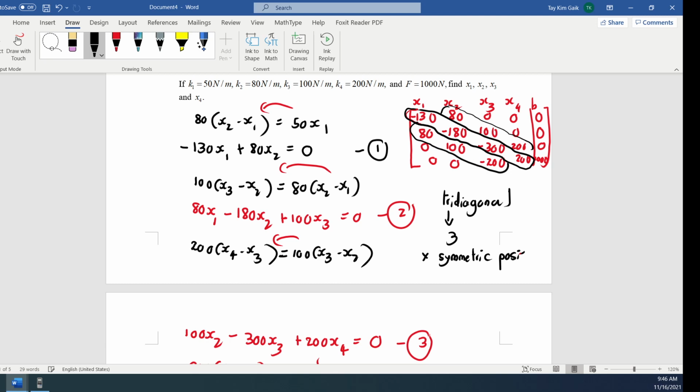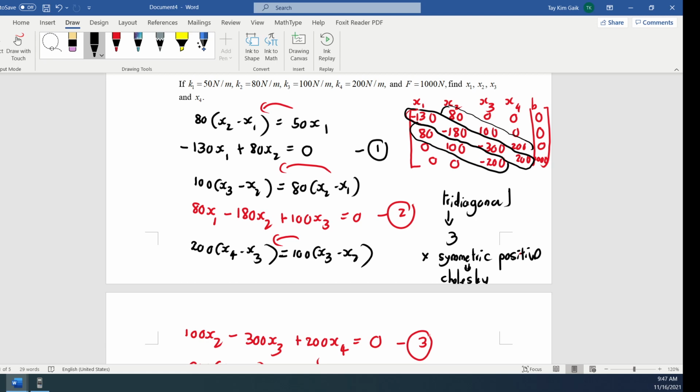Also, 200 and negative 200 here: one is positive, one is negative, so it's not symmetric. And the diagonal has a negative value, so it's not positive definite. So you cannot solve using Cholesky. Cholesky cannot.